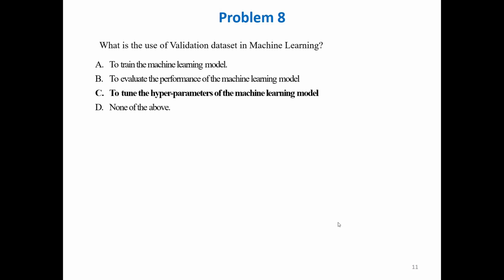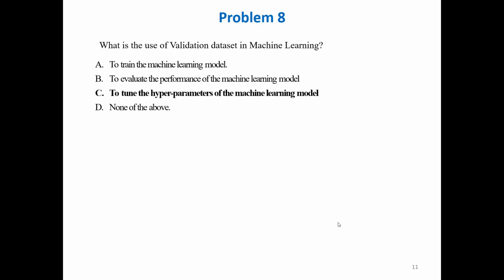Next, problem 8. What is the use of a validation dataset in machine learning? We have already seen what the use of a validation dataset is. The available dataset is divided into training and testing datasets. And the testing dataset can also be further divided into a test dataset and a validation dataset.